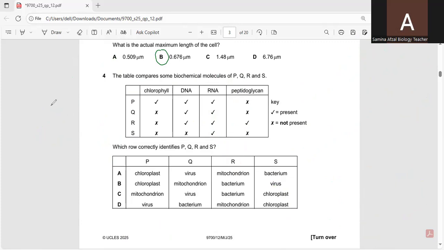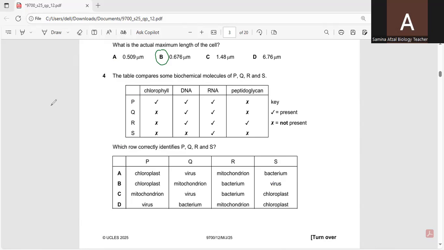These 4 molecules can be chlorophyll, DNA, RNA, and peptidoglycan. So we have to go with them.